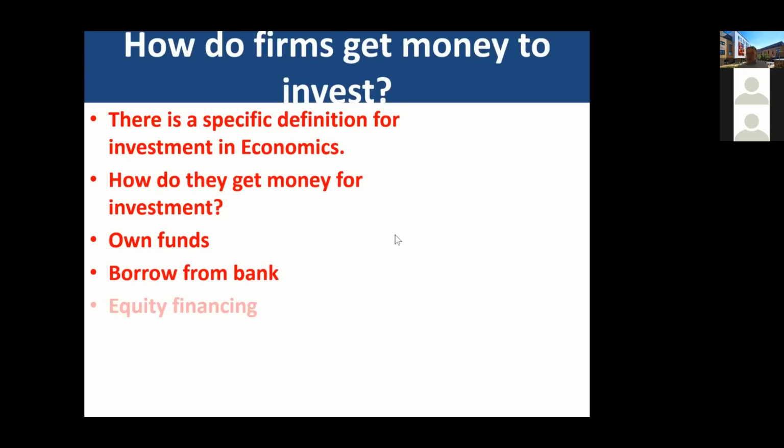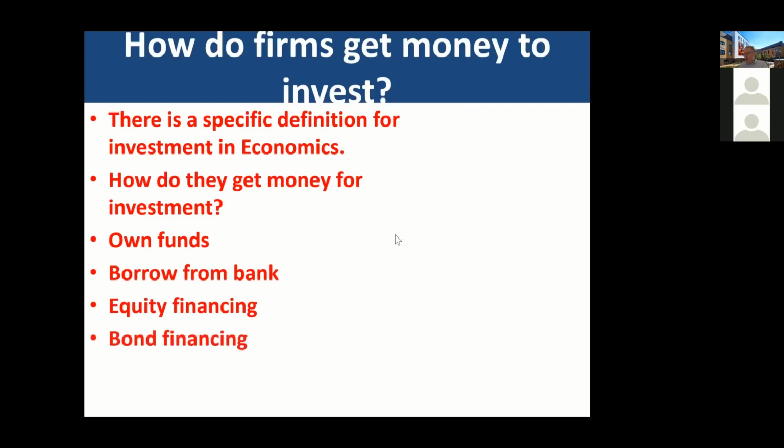An alternative way for firms to get money to invest is what we call equity financing. With equity financing, all that means is a company is selling shares on a stock exchange to the public, and from the money from the shares, they can then use that for investment purposes.